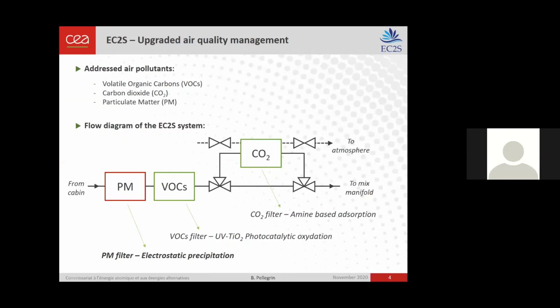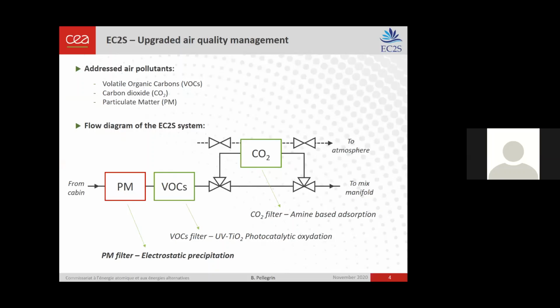The EC2S air management system addresses three kinds of air pollutants: VOCs, CO2, and particulate matter. And here is a schematic flow diagram of the foreseen system. So you have firstly the particle filtration part, which is performed by electrostatic precipitation.